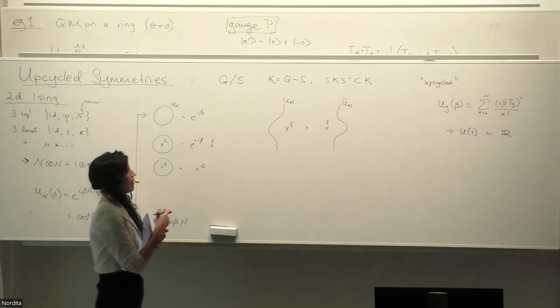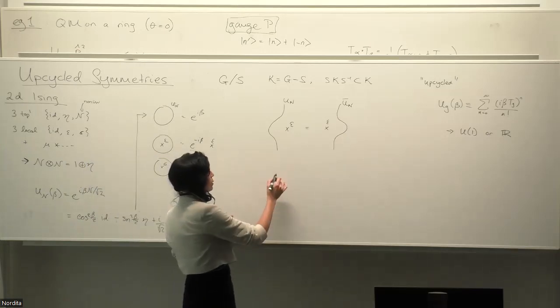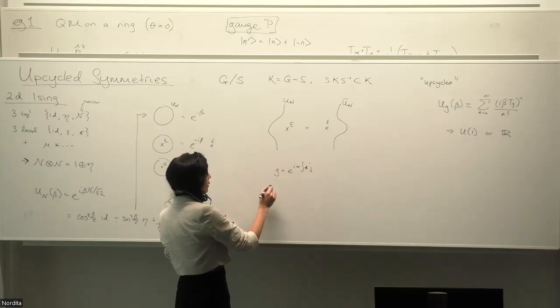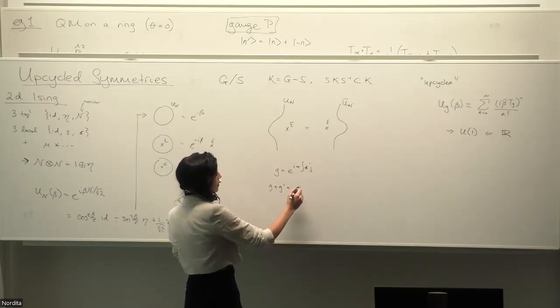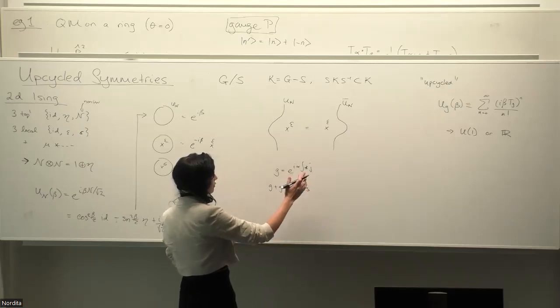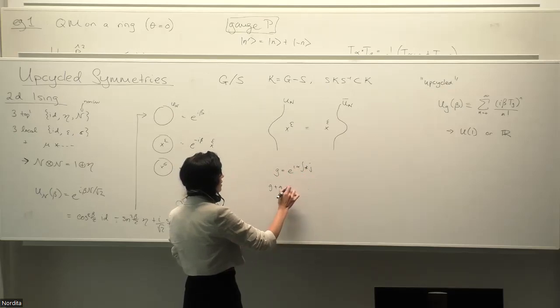So if I have some, going back to a slightly more general example, some element which I write as the exponential of a local current, then if I have G plus G prime, this is going to be cosine. I was thinking of a special case of G alpha.